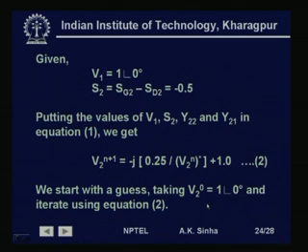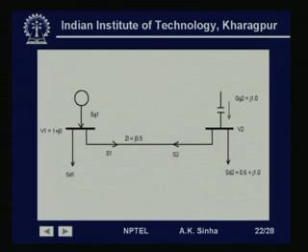If we start with V1, which we know is 1 angle 0, S2 is SG2 minus SD2. SG2 is 0 plus j1.0, minus SD2 which is 0.5 plus j1.0.